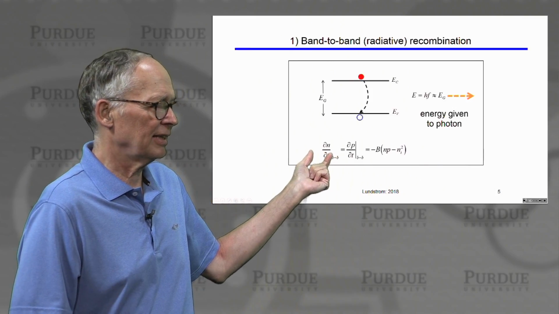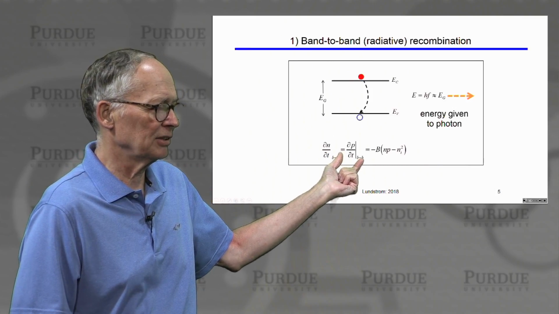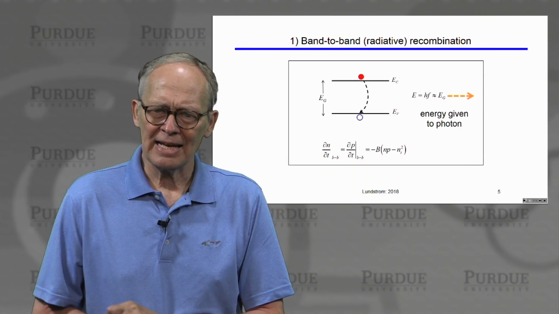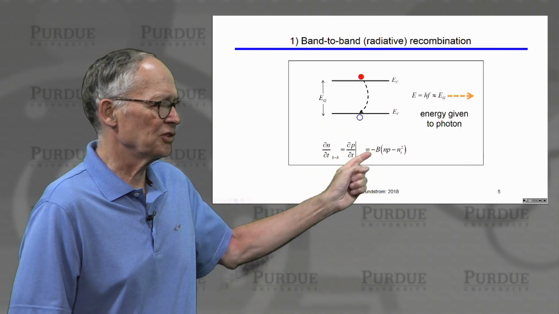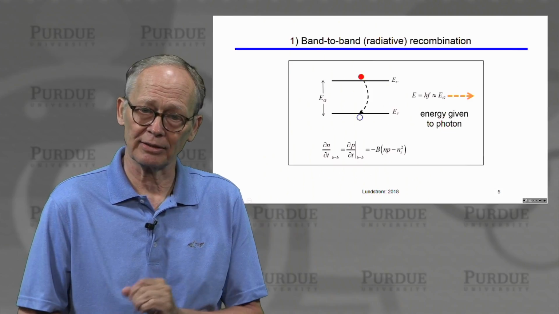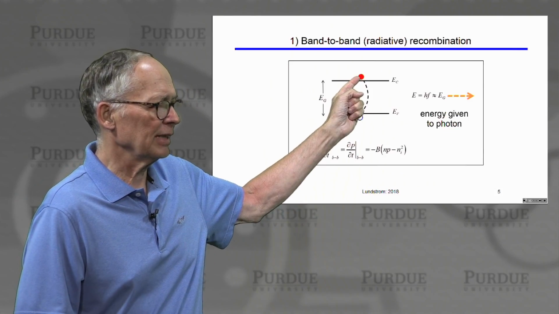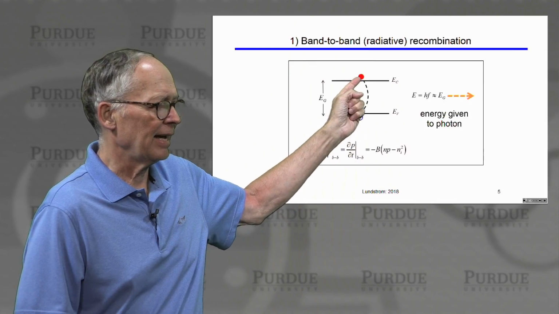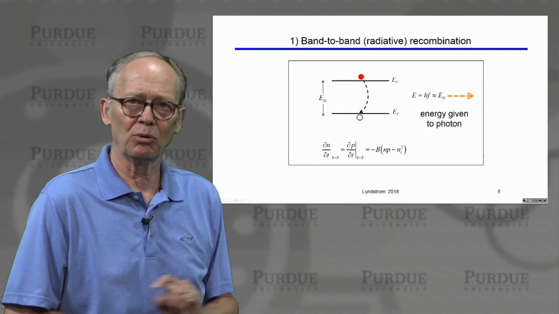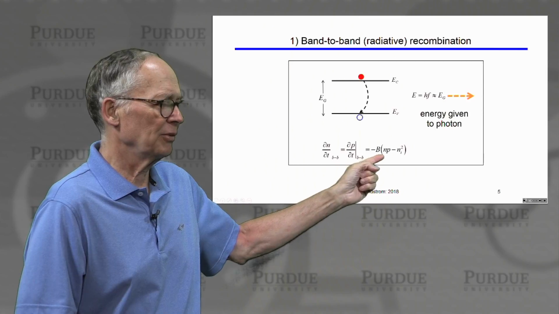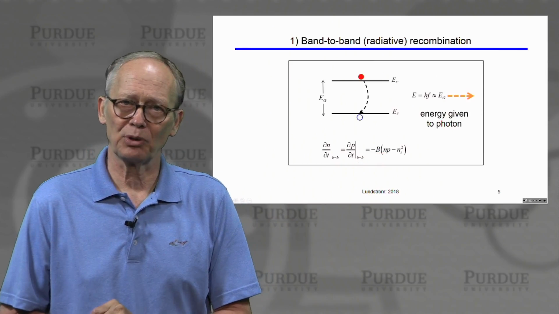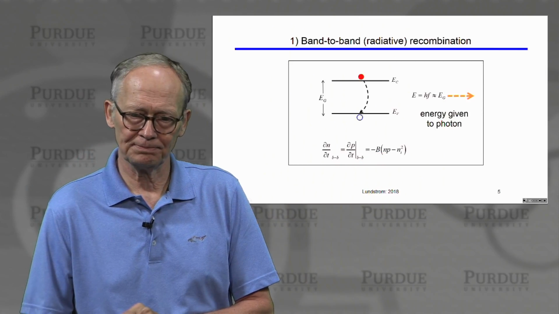So it changes the concentration of electrons and the concentration of holes, and I can write down an equation. The change is negative because it's reducing their concentration. In order for an electron and a hole to recombine, I have to have electrons and I have to have holes. So the rate at which they recombine is proportional to the product of both electrons and holes.